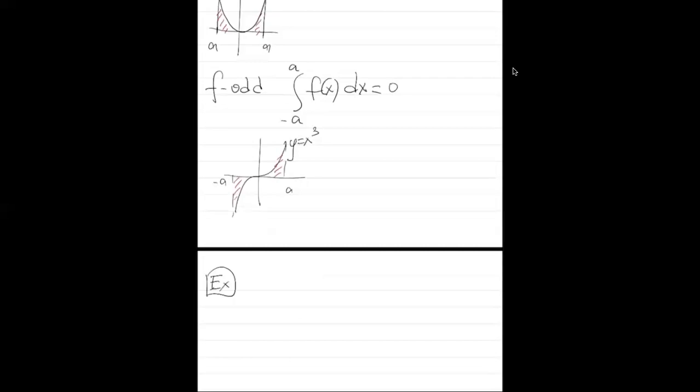Example, integral from 0 to 1, v squared cosine of v to the third dv. We're going to use a substitution technique here. We're going to set u, a new variable, to be v to the third.